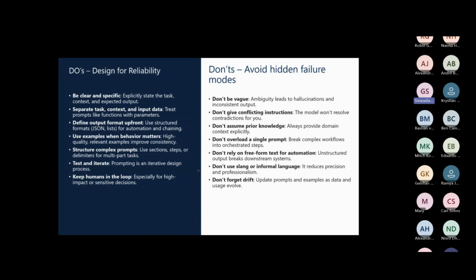So the do's on the left are really about reducing ambiguity and designing for reliability. You want to be clear, define a structure, and separate your inputs from the context, and all of that is how we narrow the model's decision space. You're amplifying how your model will work by doing everything that's listed in the do section.